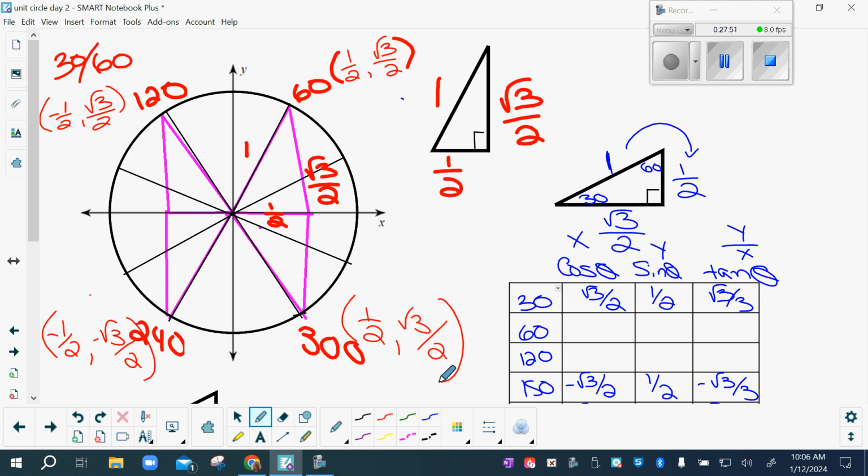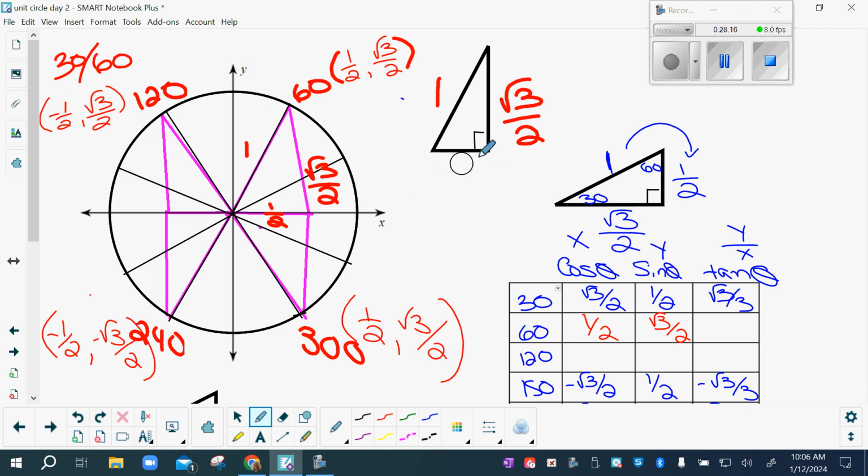We're almost home, and the good news is the math from the rest of it is so easy. We have no more crazy math. So let's start off with 60. Are you ready? To get the sine, we're going to say √3/2. To get the cosine, we're going to say 1/2. And if you're like, but Miss T, we have to do that divide thing again, watch how nice it is.